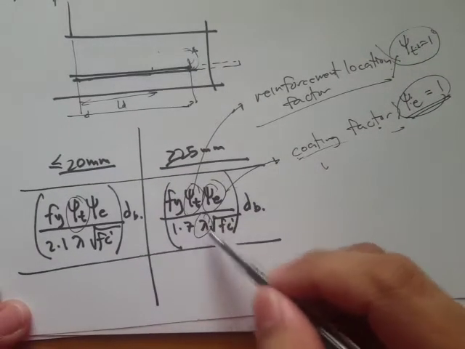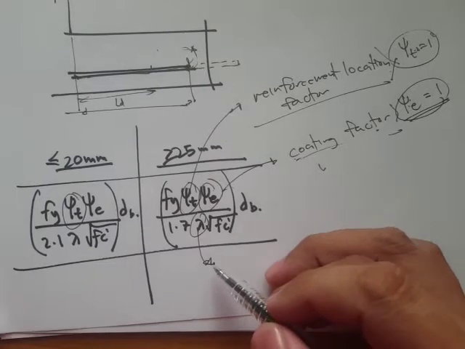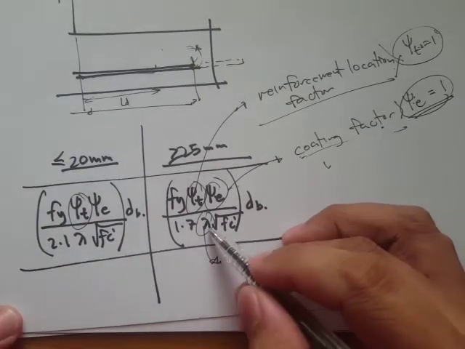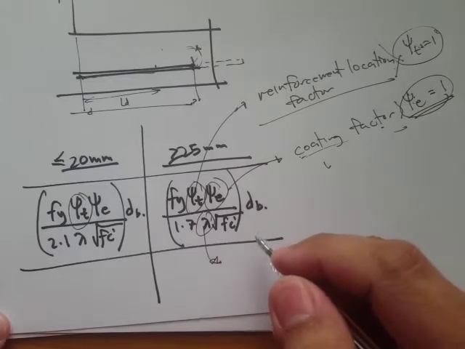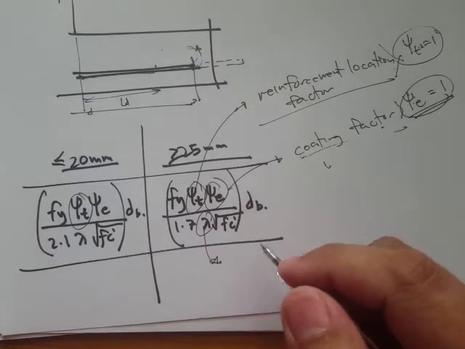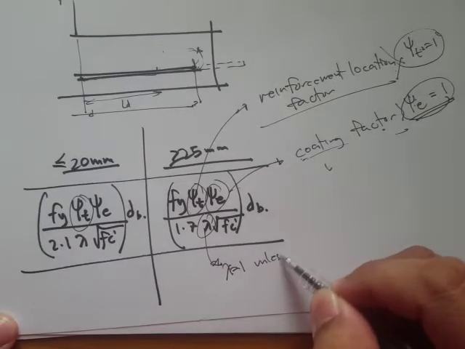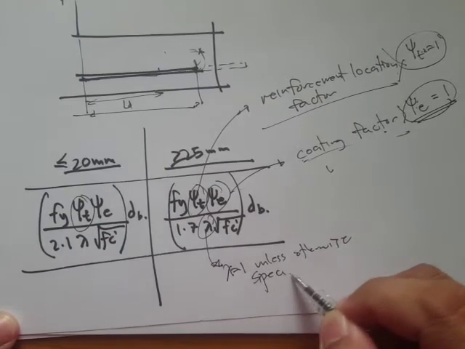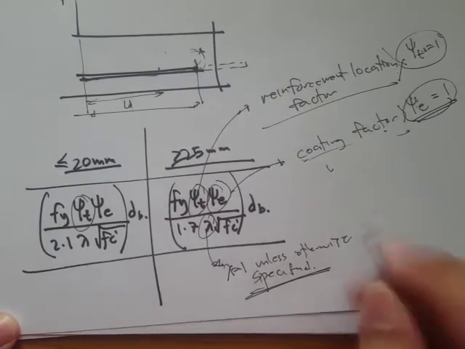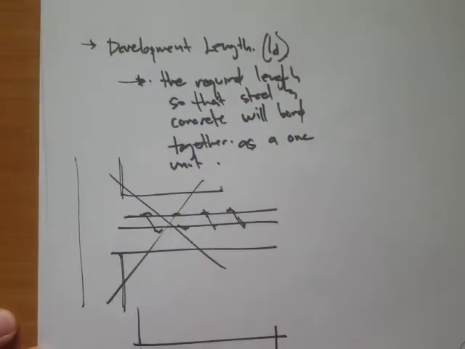And then this lambda, you have already encountered in some equations, and that's the concrete modification factor. If our concrete is a normal weight concrete, then lambda is equal to 1 unless otherwise specified. So that's our development length.